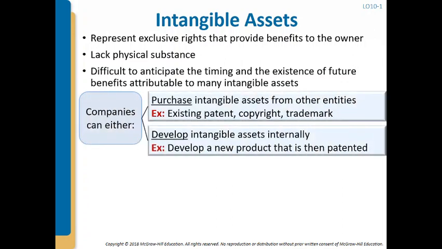And so you have a couple of different ways you can acquire intangible assets. Certainly you can buy them from someone else who develops them, such as when you buy a patent from the patent holder, or you can develop these intangible assets internally, just do it yourself.